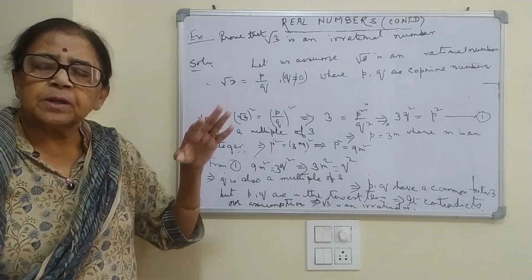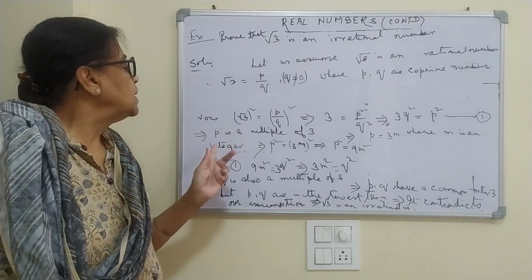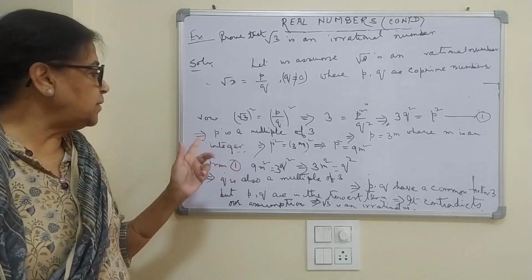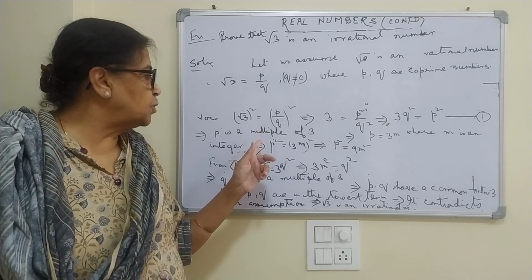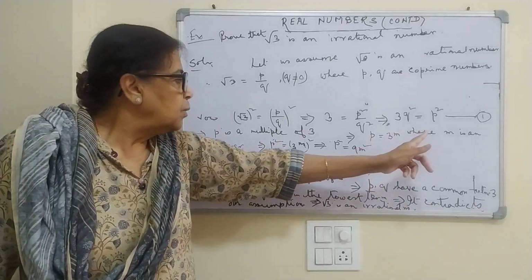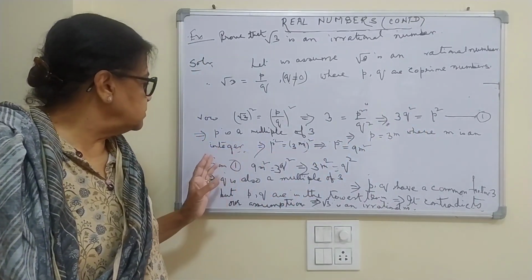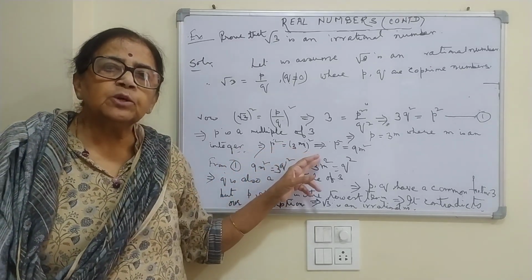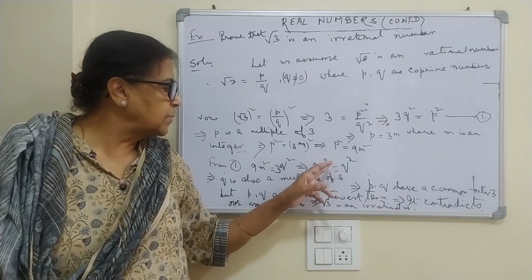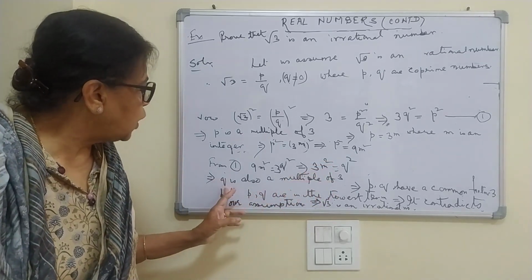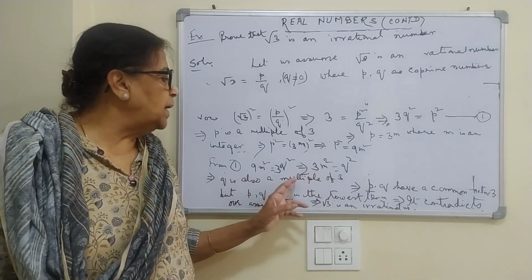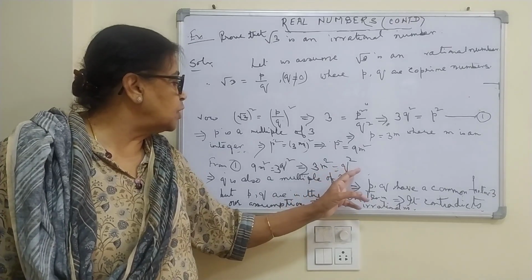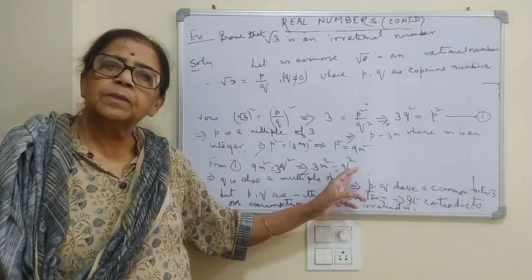So therefore I can write P is equal to 3m, m is an integer, and P square is equal to 3m whole square, that is equal to 9m square. So Q is also a multiple of 3.